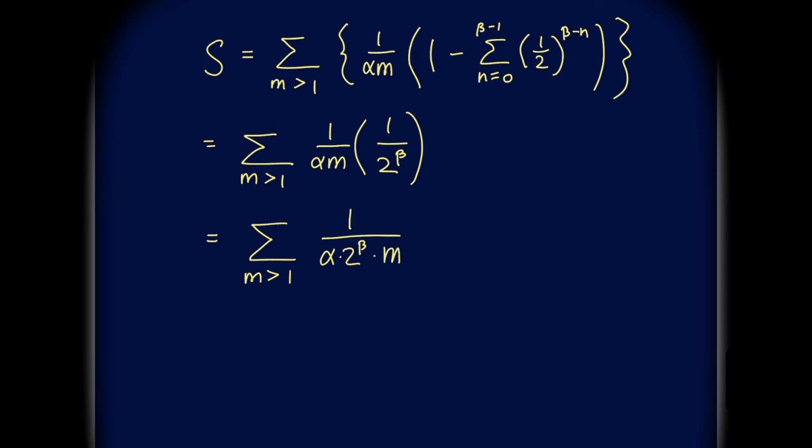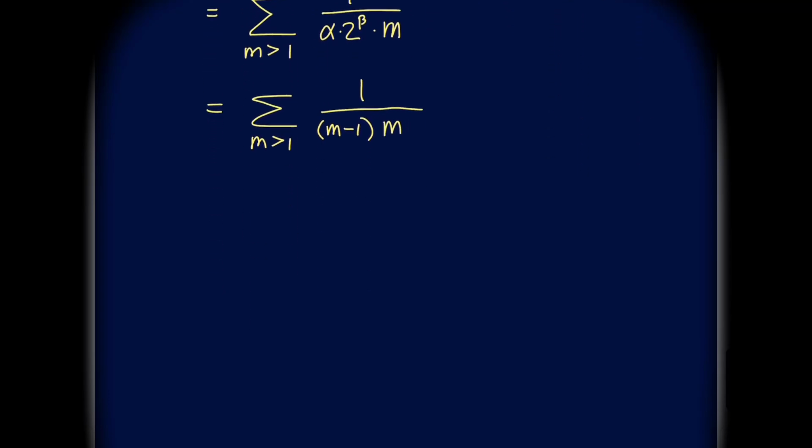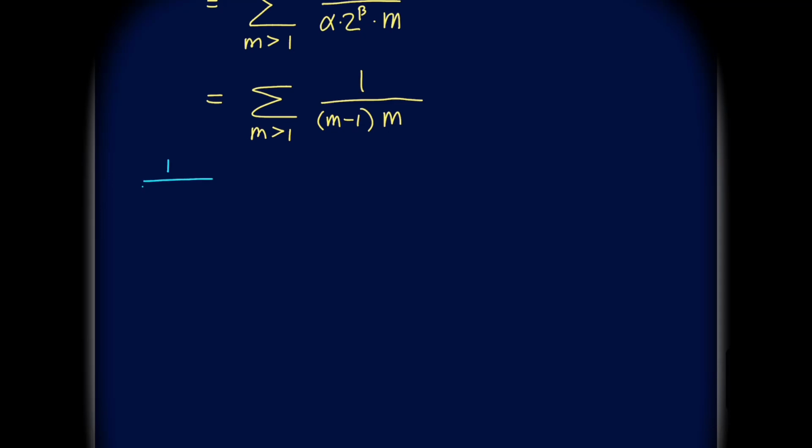And rearranging some terms in the denominator here, we can notice that alpha times 2 to the beta was really m minus 1. And therefore we can write this summation all in terms of m. Much, much simpler. So now we just have to figure out what this summation yields.